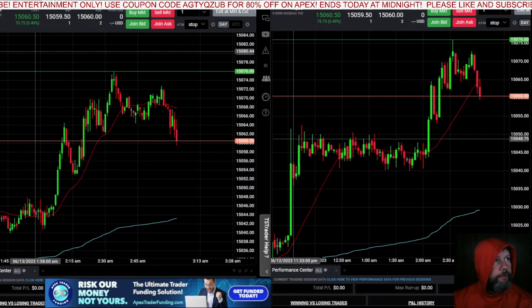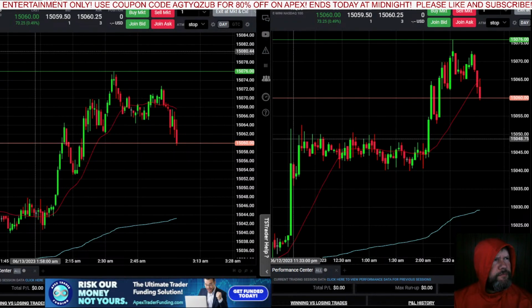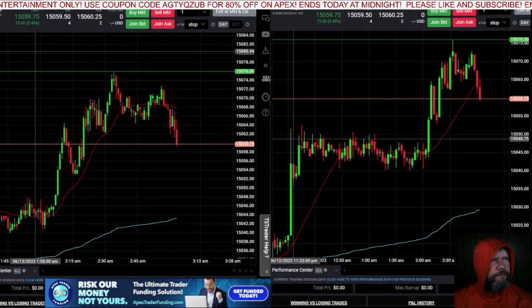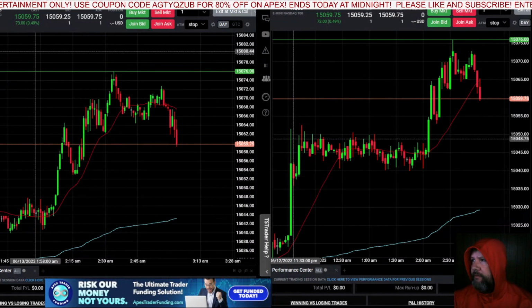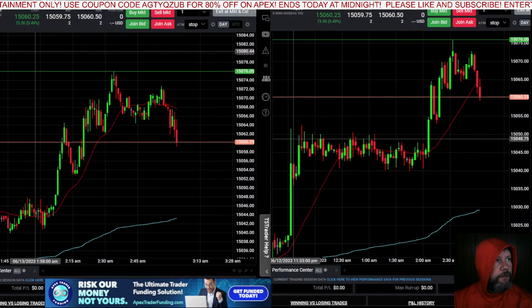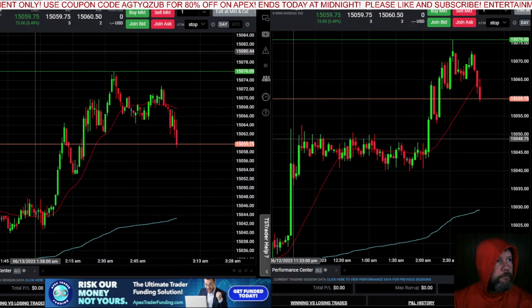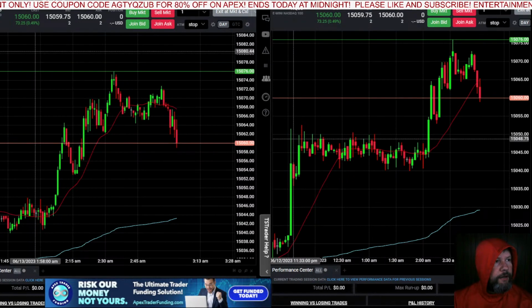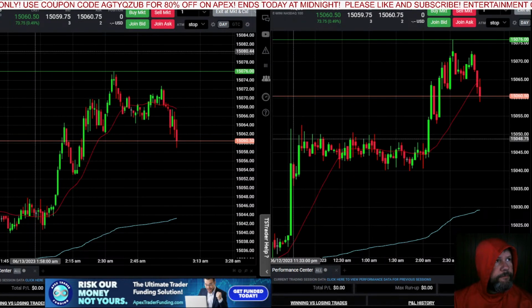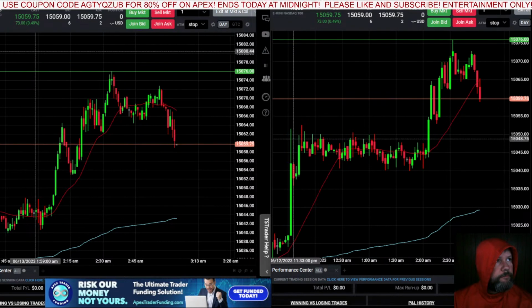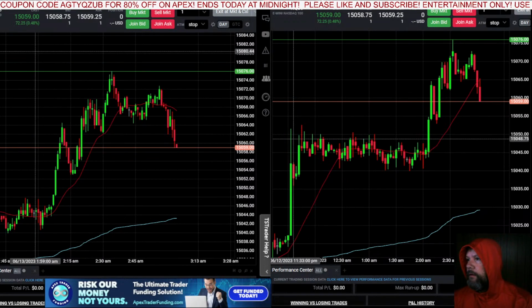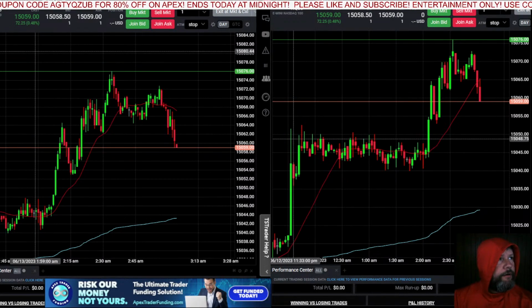We do have a pivot to the upside here at the 15,088 level, and then pivot to the downside 14,910. So, trying to sell off here.